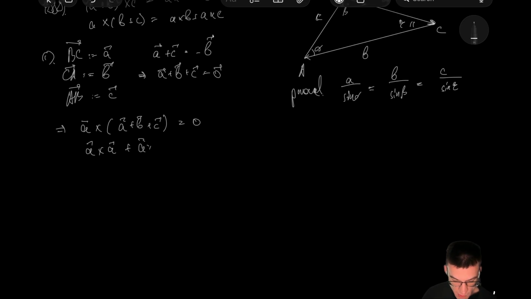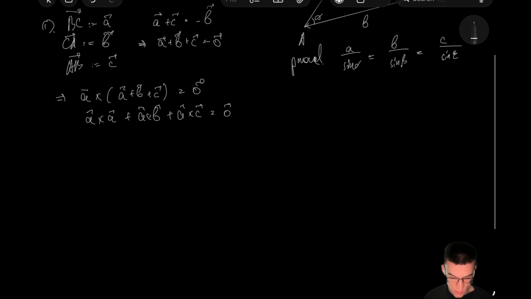So I'm going to use A and B in here, and then A cross product with C, which equals the zero vector. We have to keep in mind that this is actually a vector, the zero vector. I just add the arrows above them to be more explicit. So what do we have here?